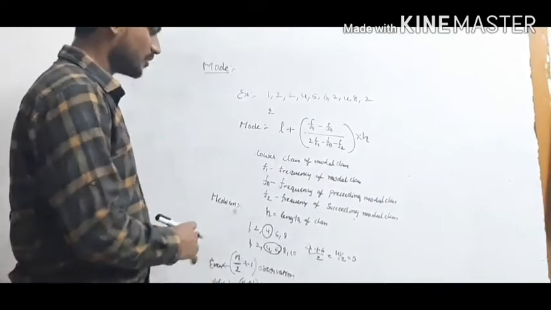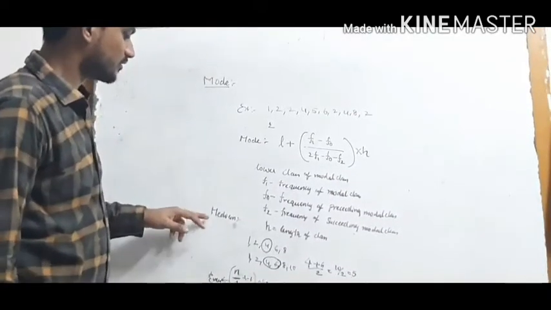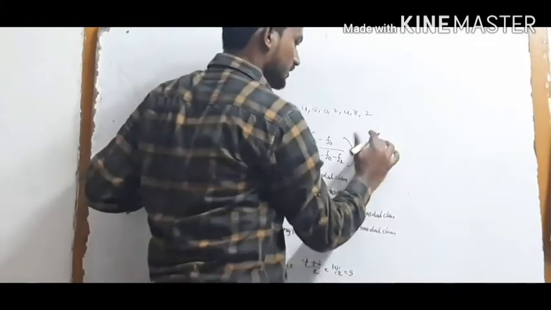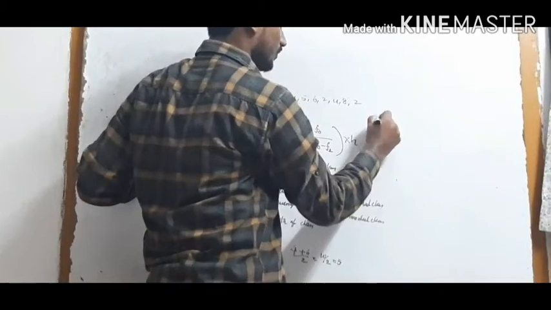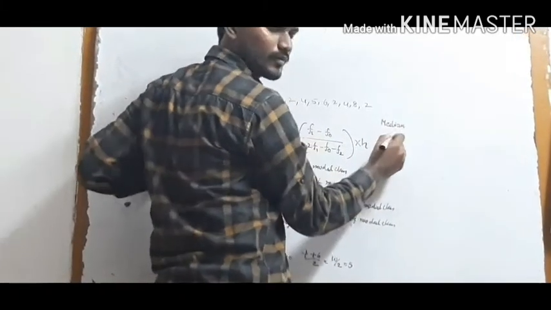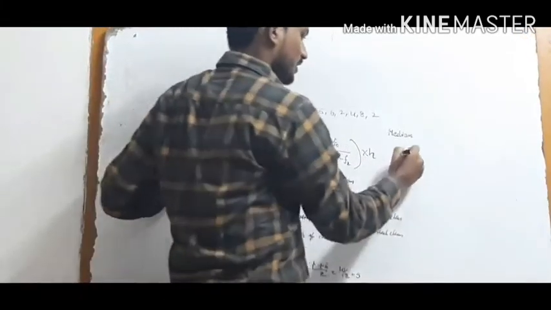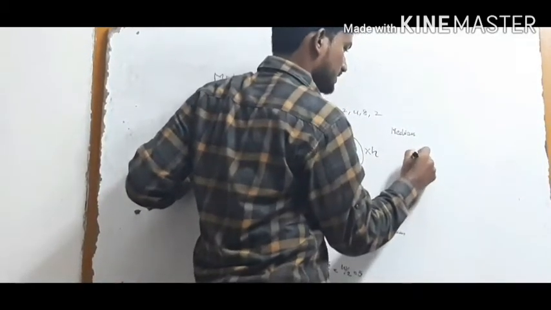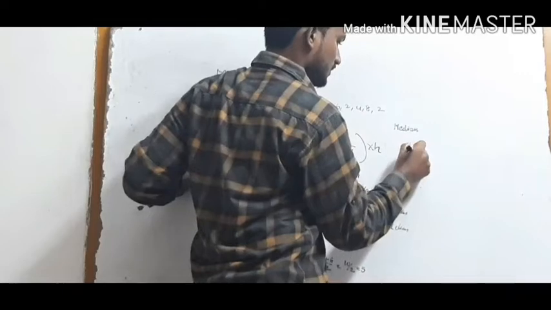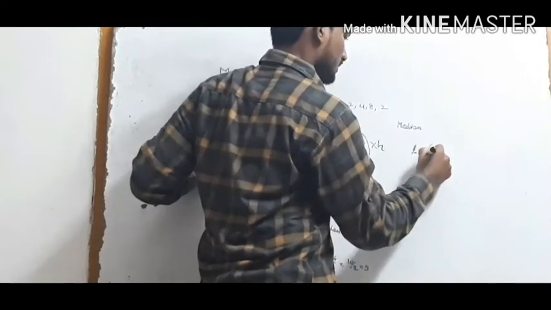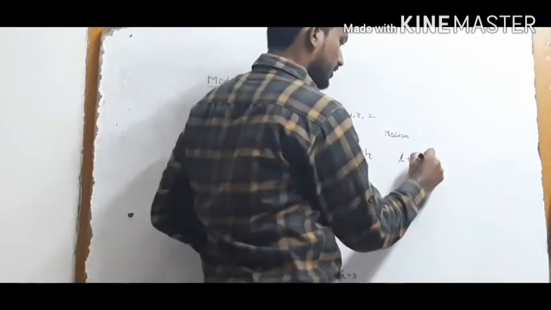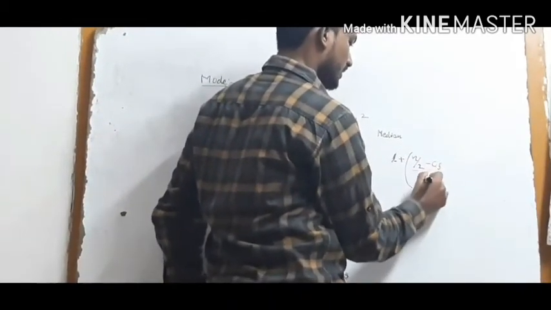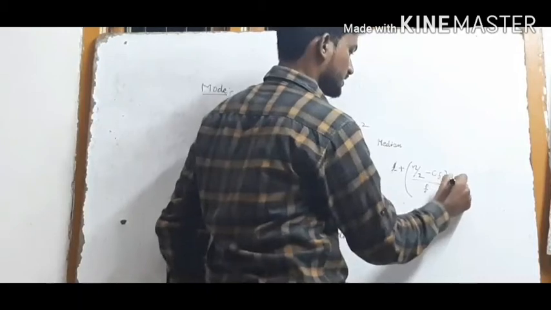For grouped observations, first we can calculate the median. There is a formula for this one. Median is L plus (n by 2 minus CF) by F into h.